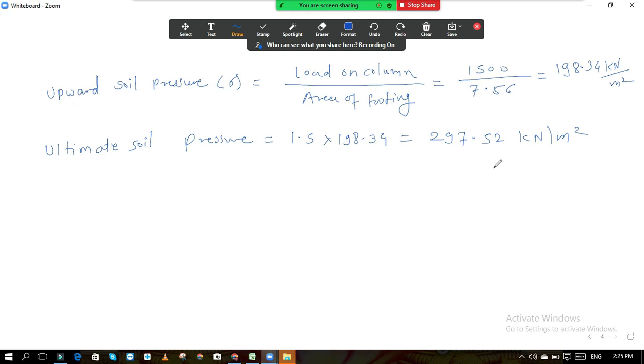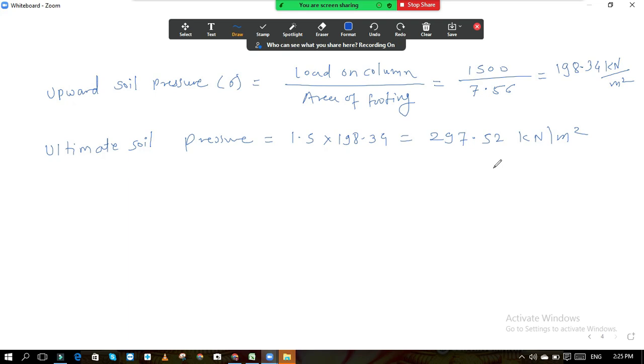Similarly, two-way shear is also there. So after finding out the depth, we are going to take the check for one-way shear as well as for two-way shear. Now we will find the depth here.